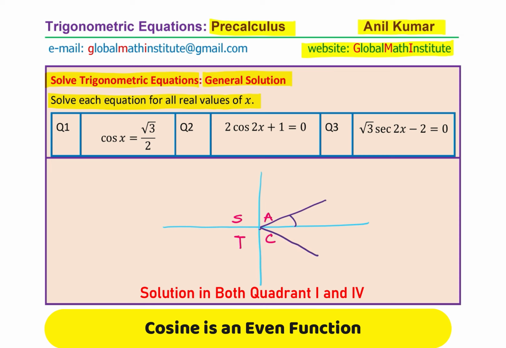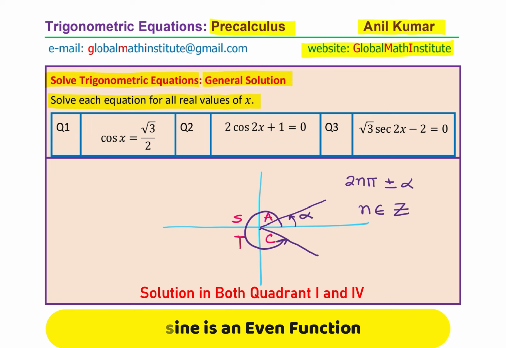So if angle alpha is the solution, then the general solution will be 2n pi plus or minus alpha, where n belongs to the set of integers. Does that make sense? Since these are the two solutions we are looking at, correct?